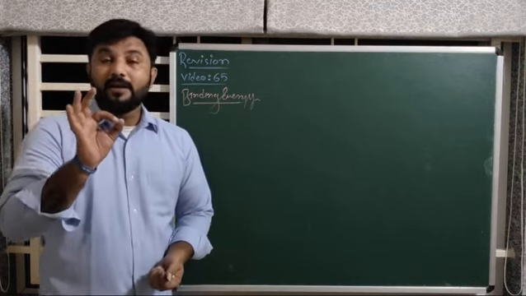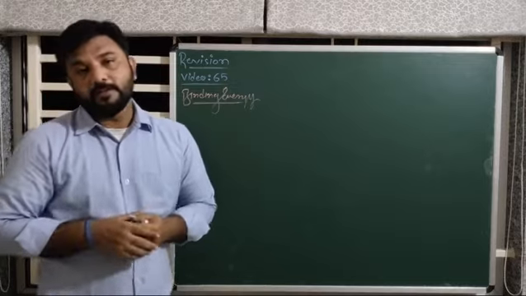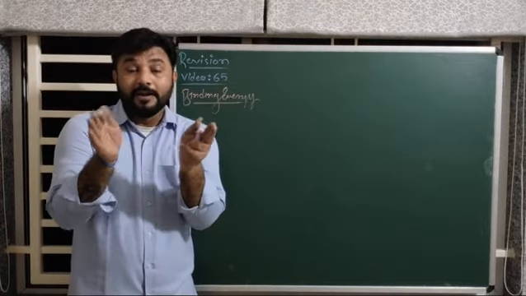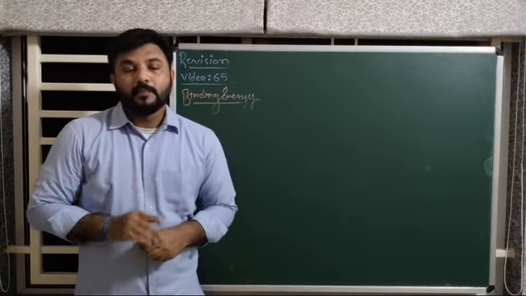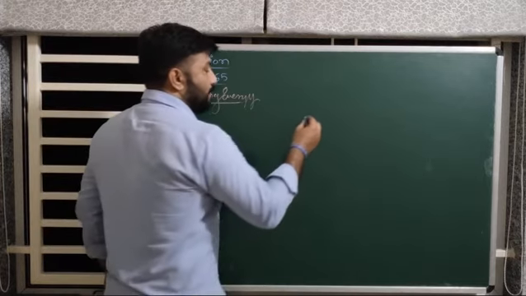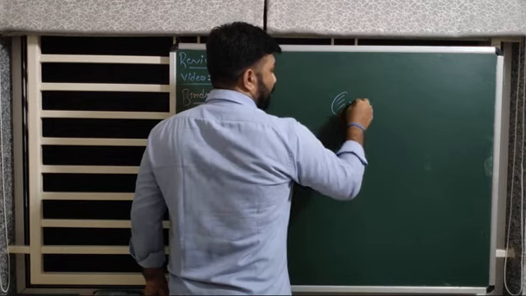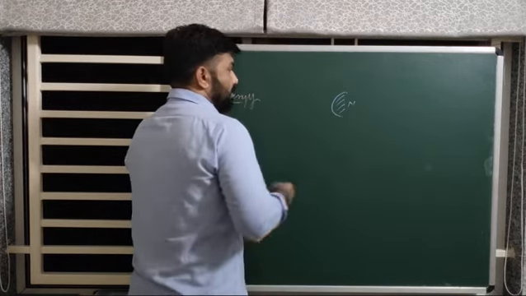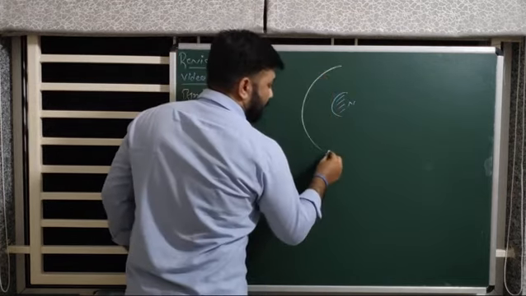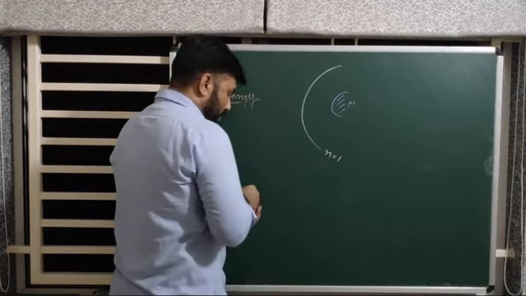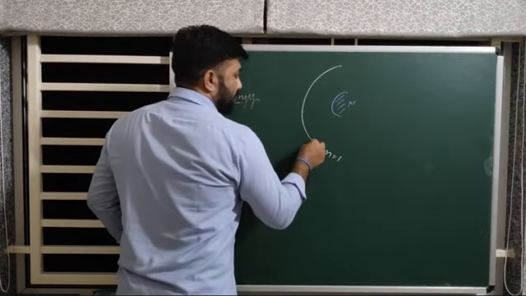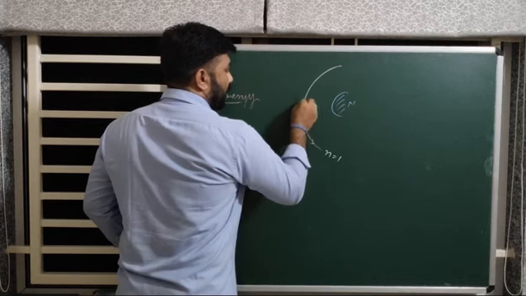The minimum energy at which the electrons remain bound in its orbit. Right? We have taken one example also. Suppose this is the nucleus. It is the first orbit, that is n is equal to 1. In this orbit, electrons are revolving.